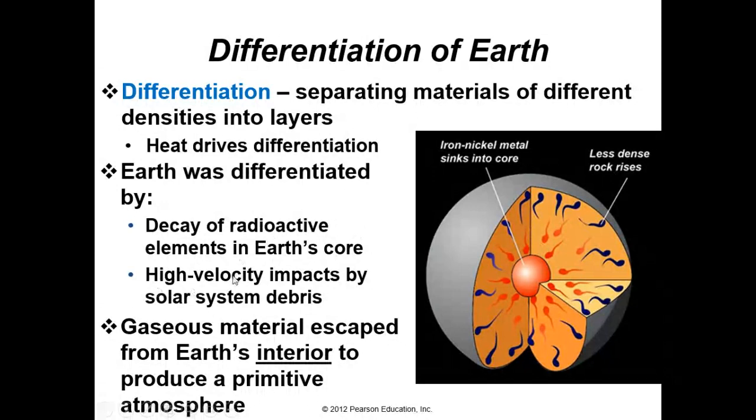Also, high velocity impacts by solar system debris, like comets, basically, meteorites. You get these big rocky materials that crash into Earth's surface and cause an explosion and a lot of heat. So we know that high velocity impacts also played a role in differentiation as well.